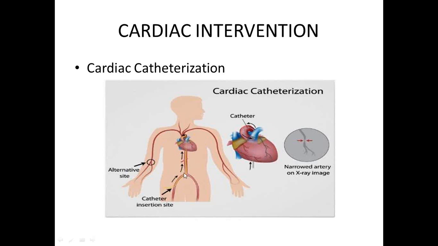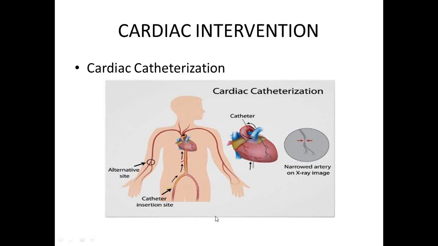There's a tendency for more operators to use the radial approach, because you tend to get many more complications with the femoral approach. They're larger blood vessels and the patient can bleed quite profusely. So complications such as hematoma and bleeding are much more common with the femoral approach as opposed to the radial approach.